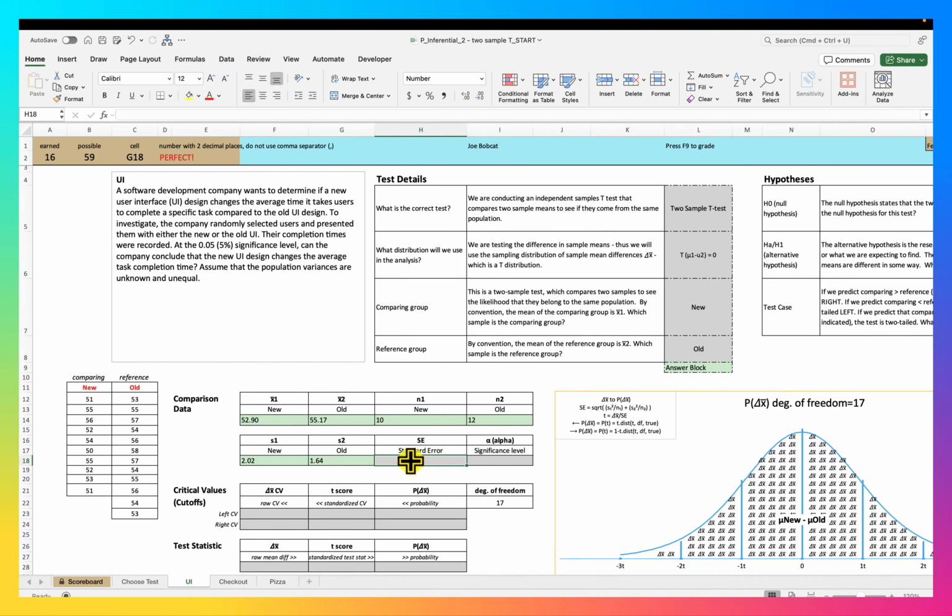Okay, so how do we compute the standard error? It's going to be different than before. And the formula is sitting right over here.